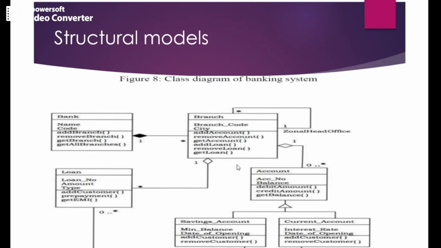If I consider this bank class, the attributes are name, code. For the branch, branch code, city. For the loan class, the attributes are loan number, amount, type. For the account class, the attributes are account number, balance.